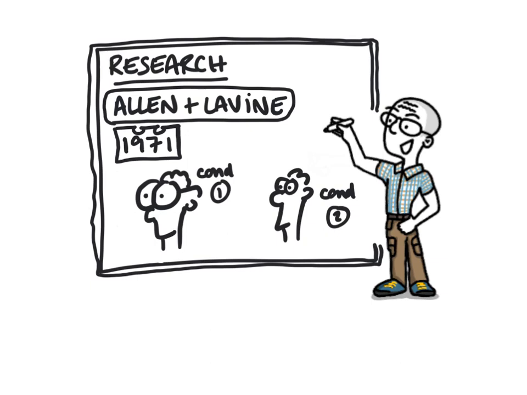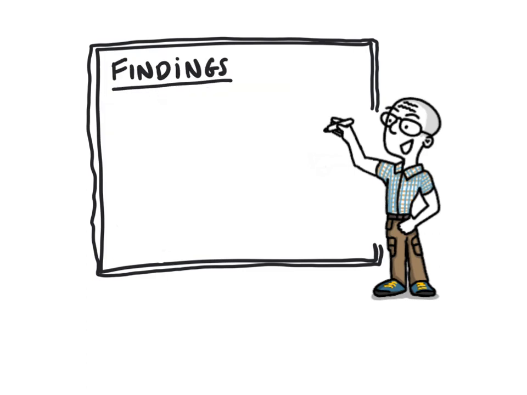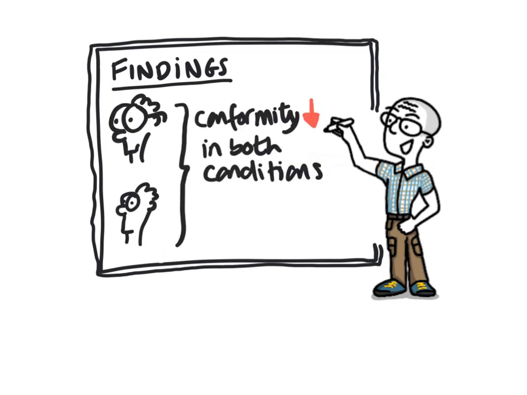The idea here was to manipulate the validity of the nonconformist as a judge of line length. The results demonstrated a reduction in conformity in both conditions, but this was greater in the condition of higher validity. In other words, the one where the non-conforming ally didn't wear glasses.